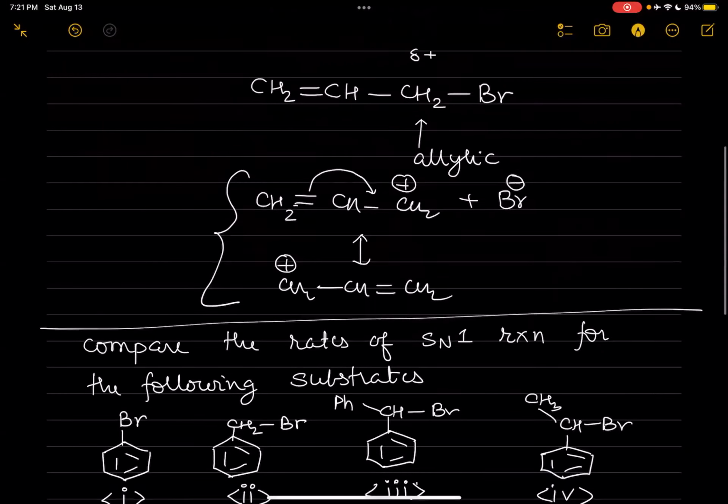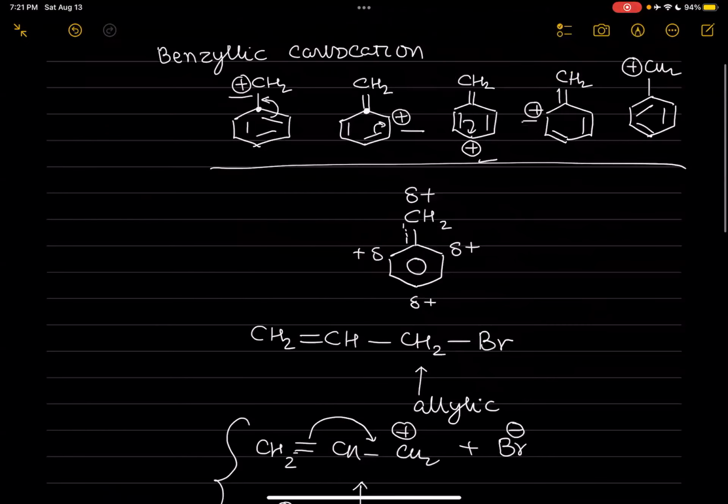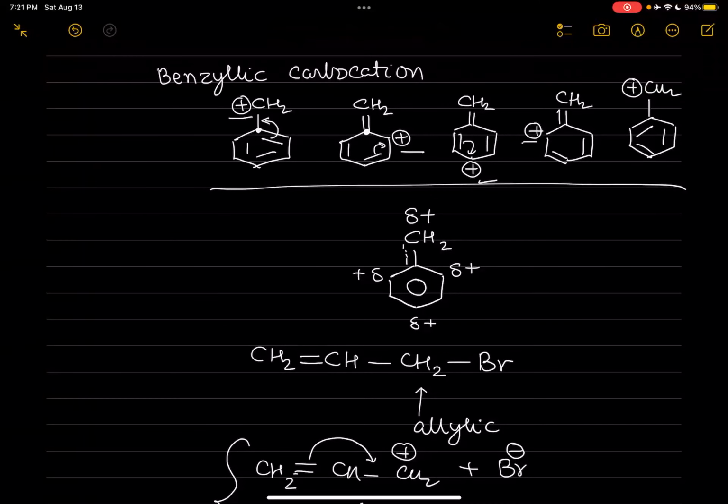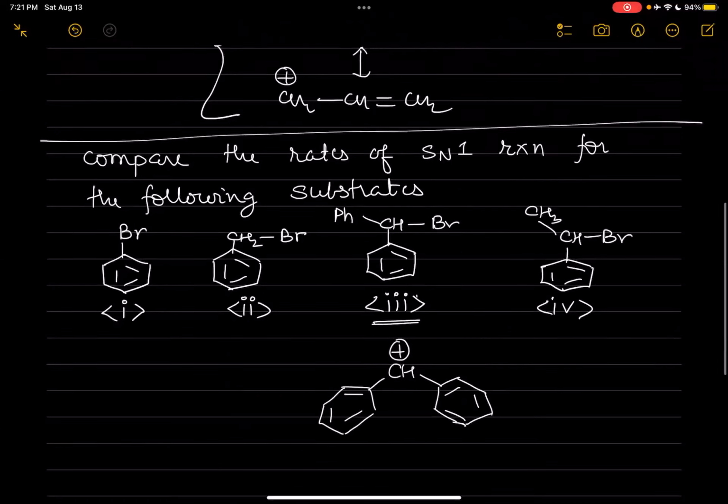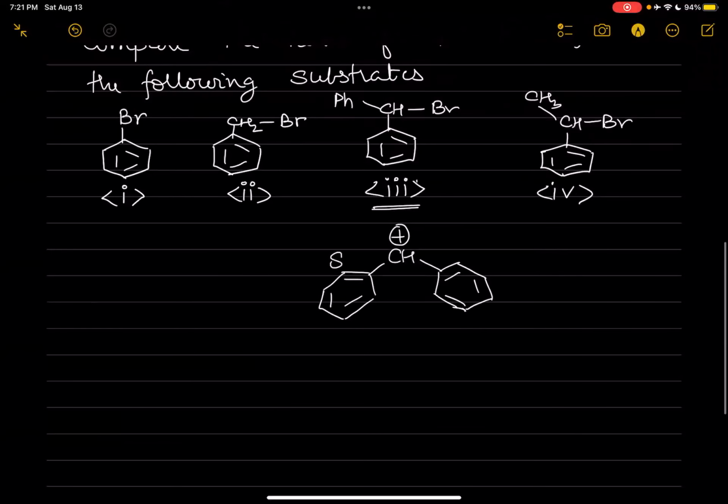The feature which we discussed in the benzylic carbocation is available on two sides. So this carbocation which is formed is delocalized over 7 positions, which you can see over here, because in all the rings the charge is going to come at the ortho and para positions. So it will become very stable.